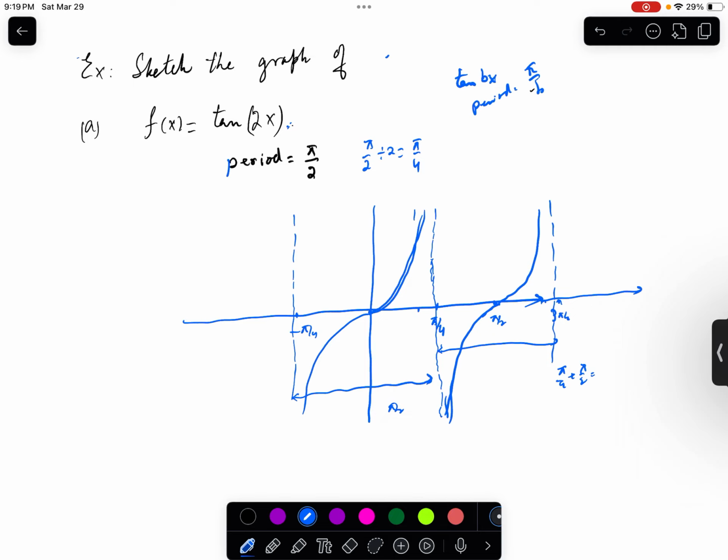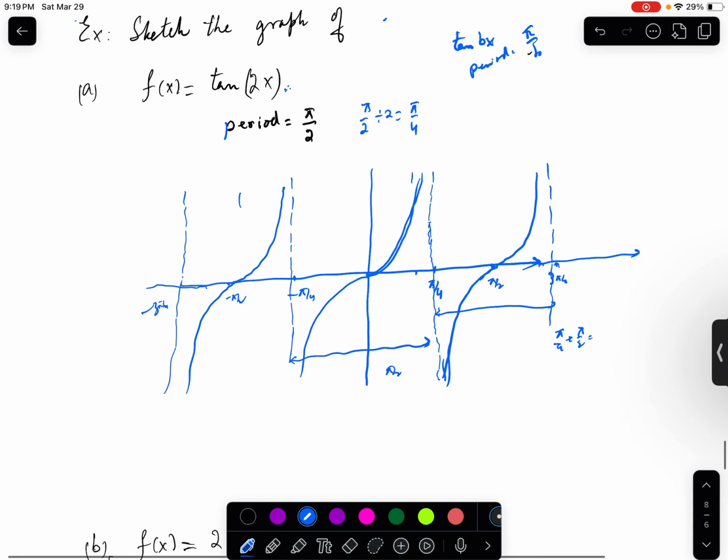And the other side also, this will be negative 3 pi over 4. The center will be negative pi over 2. Now, this is how we go with the tangent.